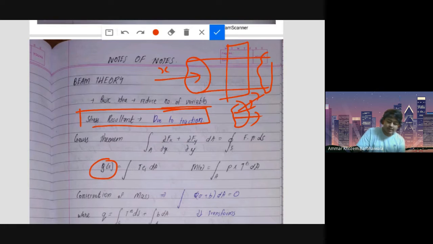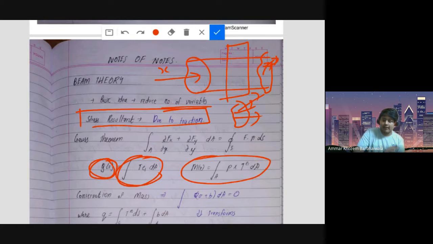The q of x is the integral of the traction in the direction of e1, the traction times e1, integrated over the area, and this is the total net force acting on this face. And m of x is the moment: if I consider a distance vector p to any point on the area, then this would be the moment acting around the centroid axis. So this is the moment and this is the force. Now we have both moment and force in the x direction.